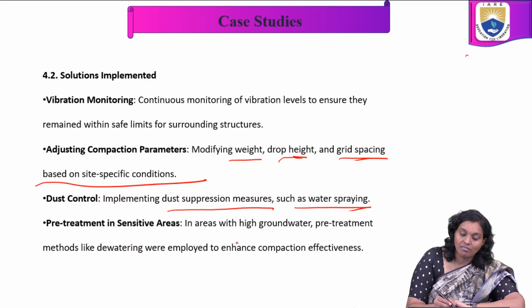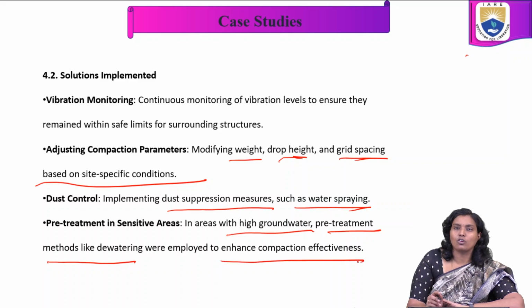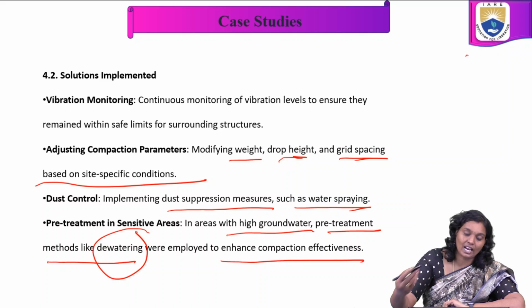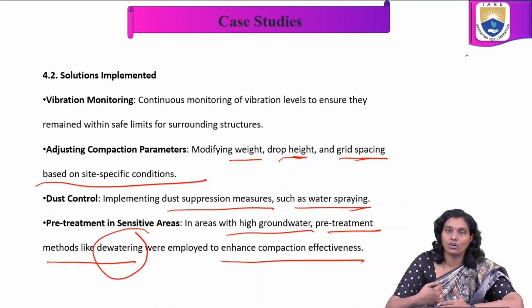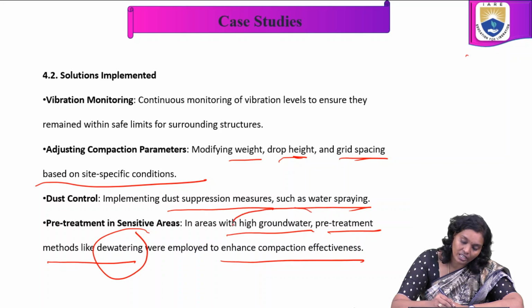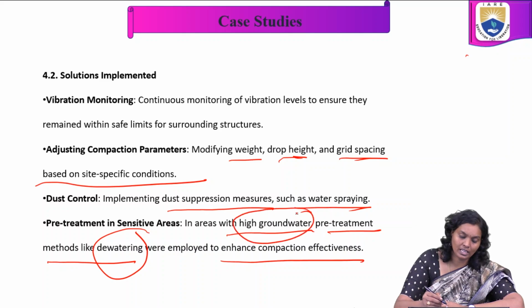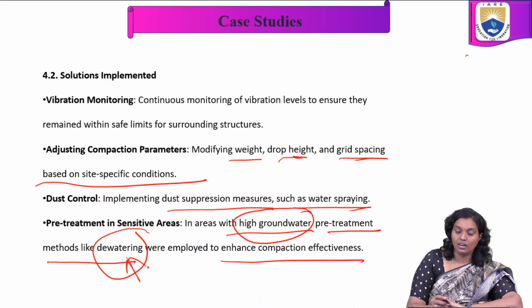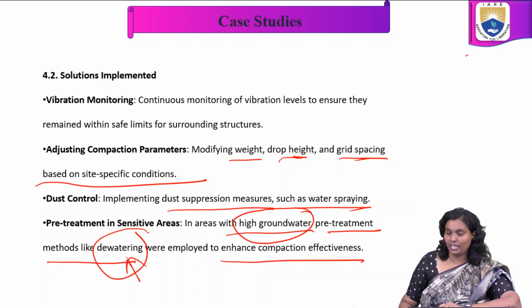In areas with high groundwater, pre-treatment methods like dewatering were employed to enhance the compaction effect. Dewatering is another kind of ground improvement technique, used as a pre-treatment in high groundwater areas to make the compaction effective.